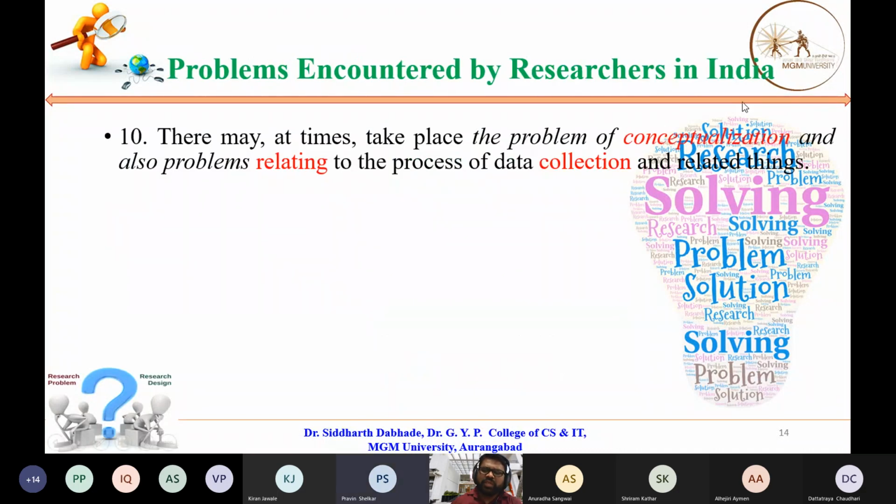This is misconceptualization. For example, I want to do research work on a specific religion, and I am not aware of that religion. I have some misconceptions related to that particular religion.